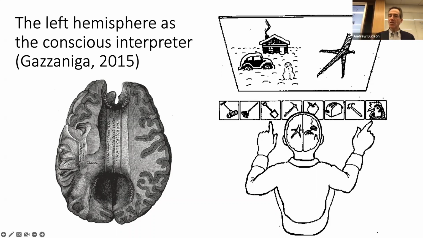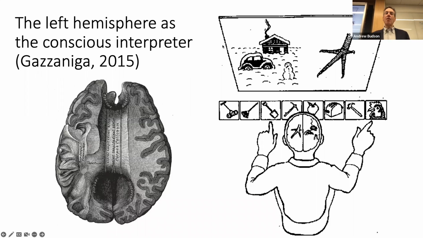And he flashes an image to the right side of the visual world, which projects to the left cortex. And he then asks the person to point to the most relevant image, and the left hemisphere, of course, controls the right hand. They point to the image of the chicken.